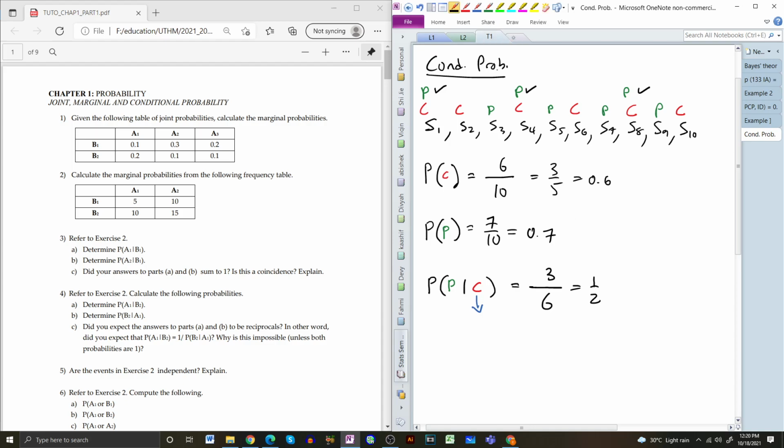Of course, the formula for this is this one. Okay, you can follow the formula if you want, but a quicker way to analyze this kind of conditional probability is as how I did just now. Okay, I only focus on curly students only.